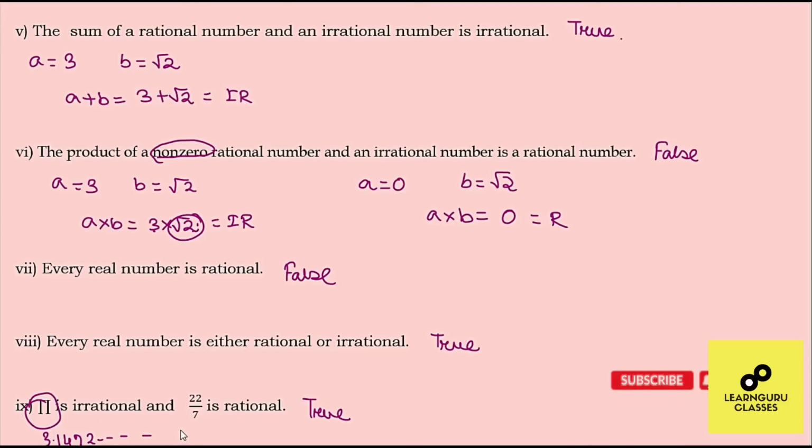Non-terminating and non-repeating decimal expansion is irrational. But for approximation and to make our mathematical calculations easier, we take 22/7, which is just an approximation of pi. So 22/7 is a rational number as it is a fraction, but pi is irrational.